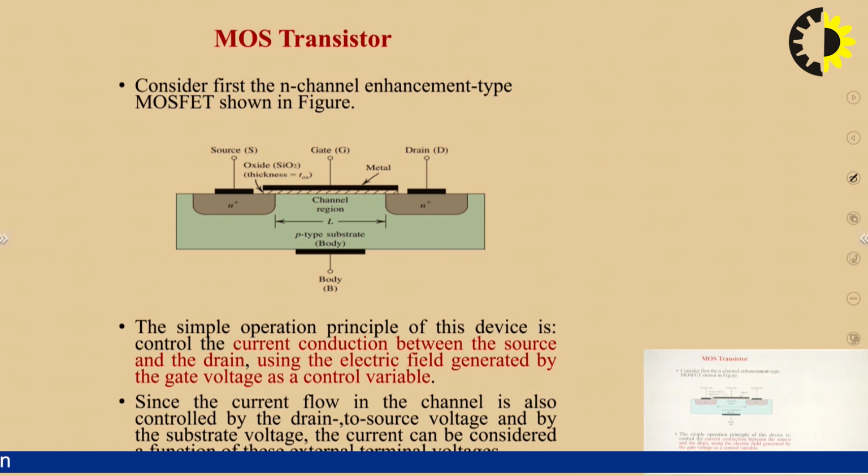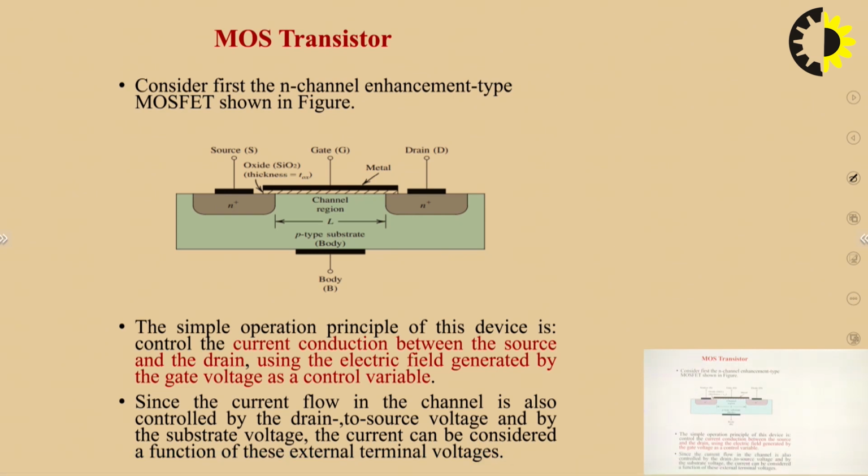Now here we can see the cross-sectional view of the N-channel enhancement type MOSFET. Here we know that in case of MOSFET, because of the presence of the SiO2 layer, the gate current is essentially zero.